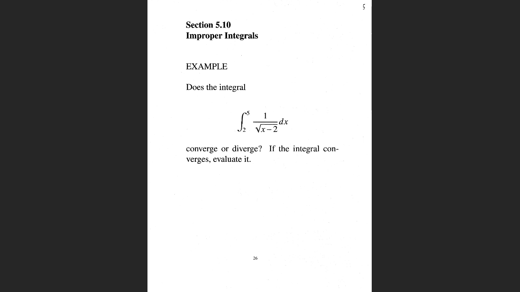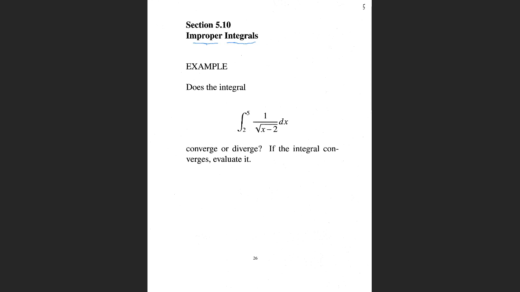Okay, so let's see now what this is. This is an improper integral. Why? I mean, the left and right limits are finite numbers, 2 and 5.